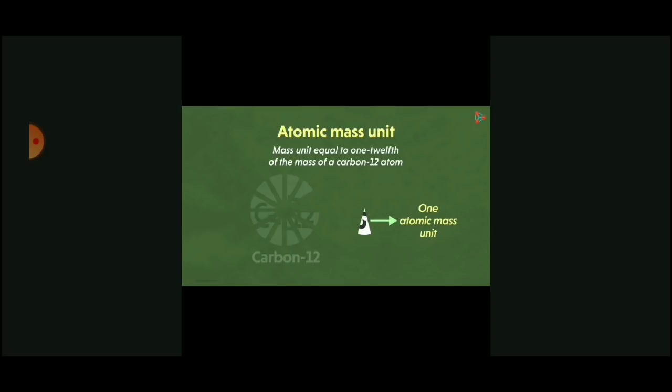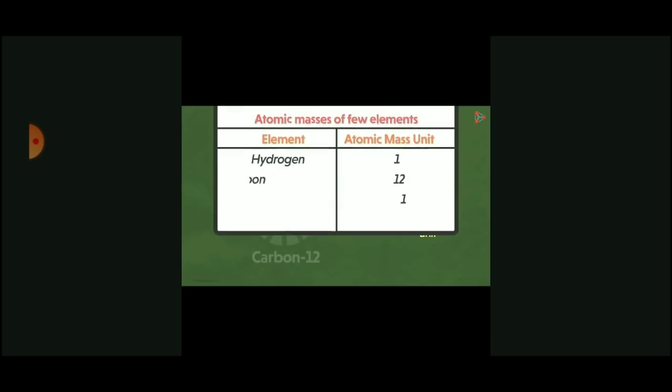There are some examples of a few elements given in a table. Element and its atomic mass unit. Look at the table. Hydrogen atomic mass unit is 1, carbon 12, nitrogen 14, oxygen 16.